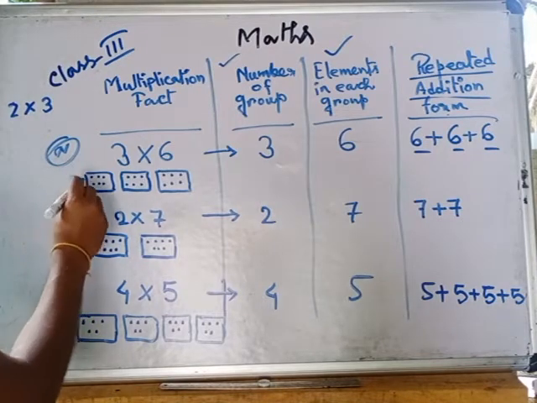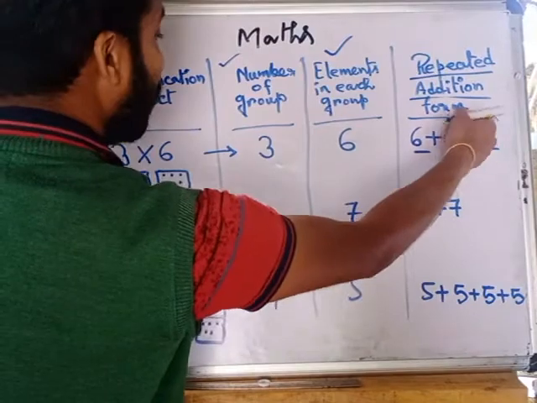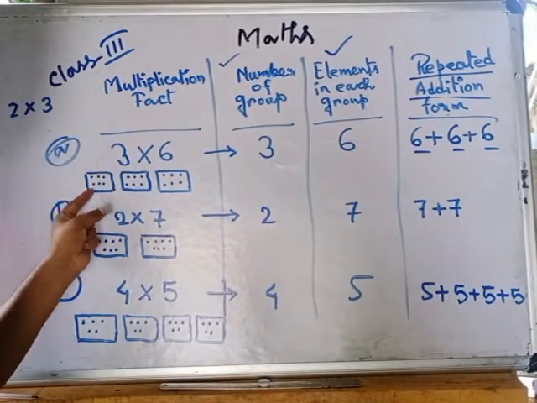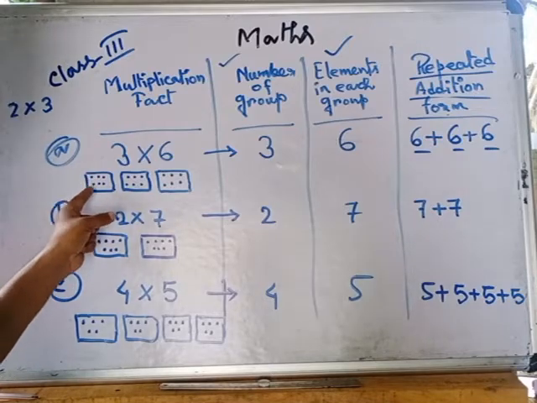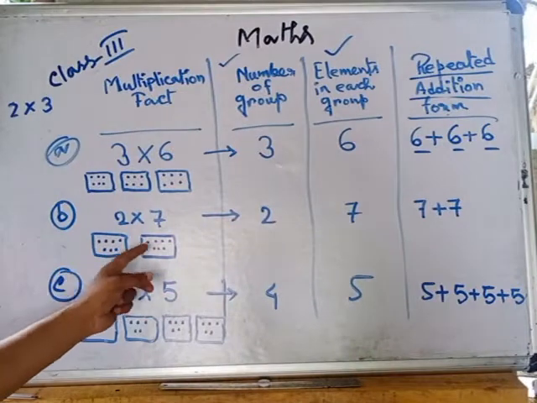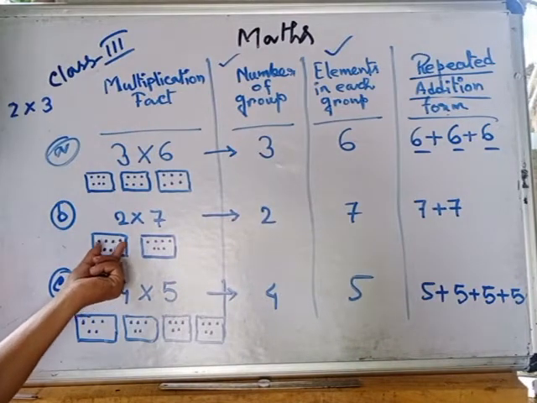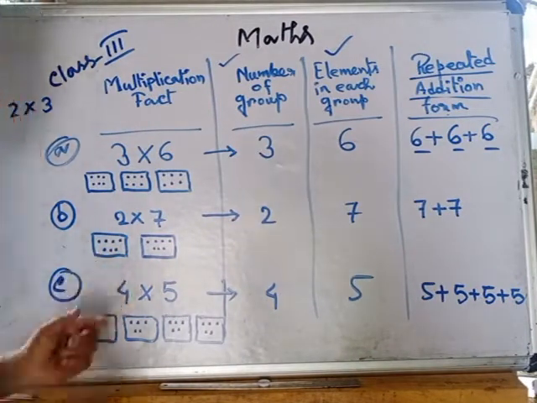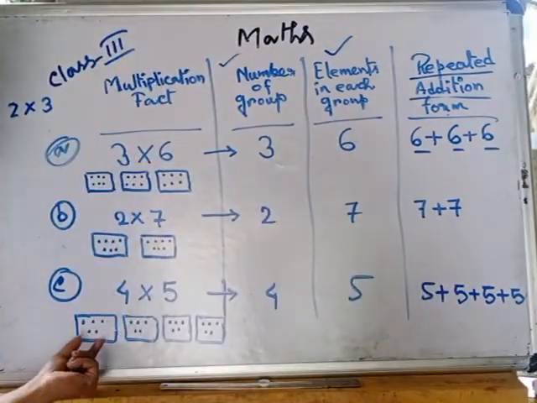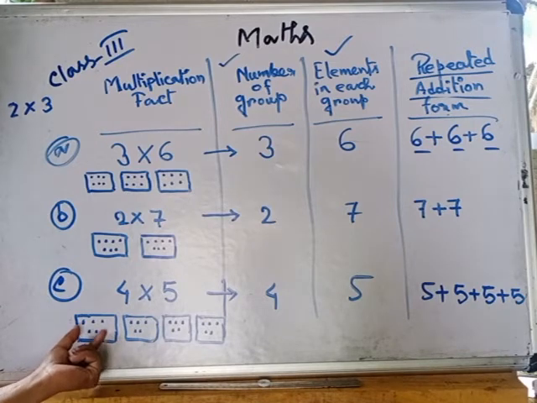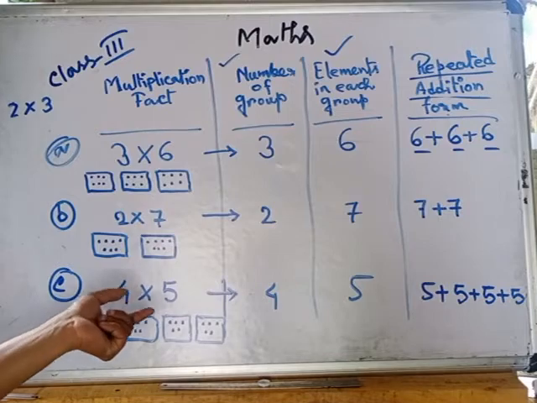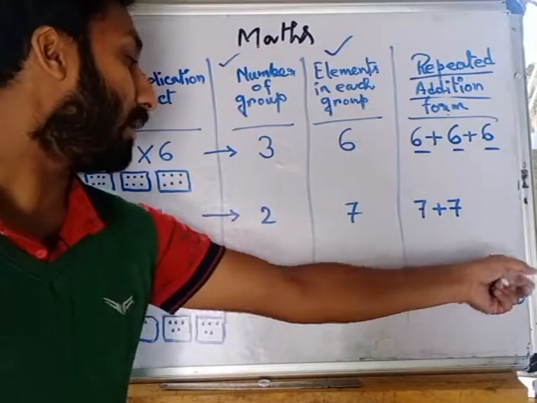If each group has its own 6 elements, we should write 6 in repeated time. If each group has 7 elements, we should write 7 in repeated times. If there are 5 elements in each group, we should write 5 in repeated times.